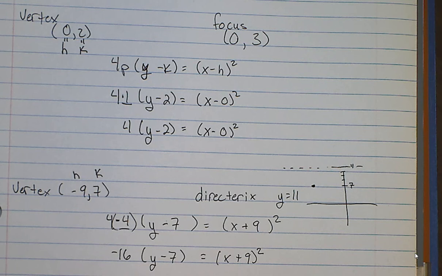And then this is going to be 2 plus radical 1 and then 2 minus radical 1. The distance from the center.